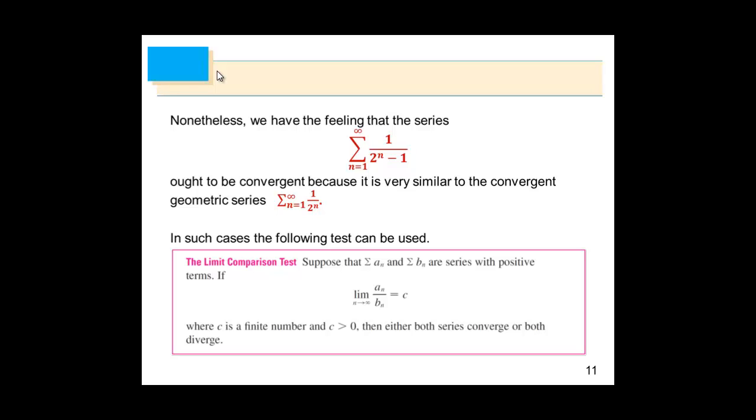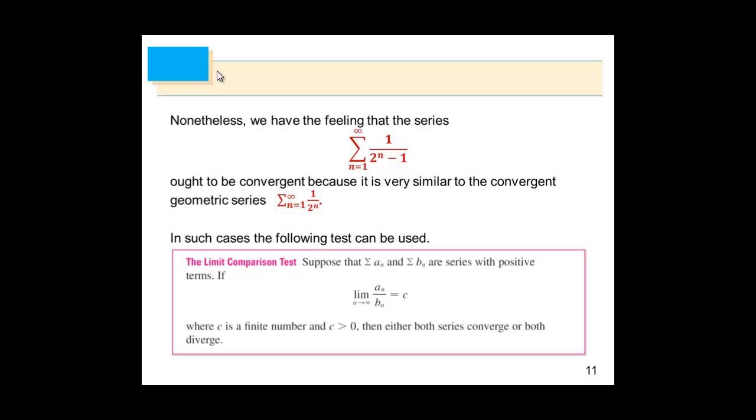Well, in this case, it's easy to use another test instead of the comparison test that we just used. This other test is called the limit comparison test. So you have the comparison test, and then you have the limit comparison test. So what is this test?